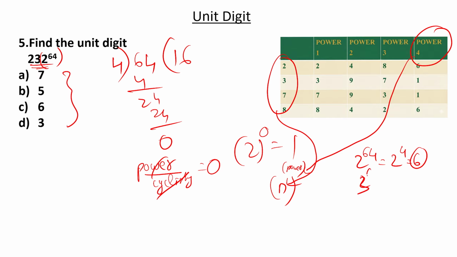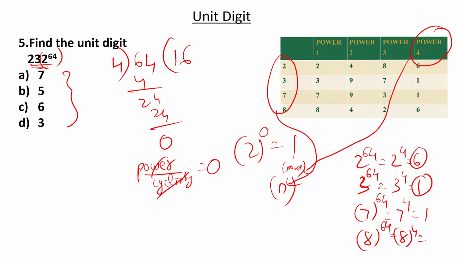In case it's 3 power 64, then it is 3 power 4. The value is 1. You understand it, right? If it is 7 power 64, then it is 7 power 4. The value is 1. And 8 power 64 means it is 8 power 4. The value is 6. That's it.